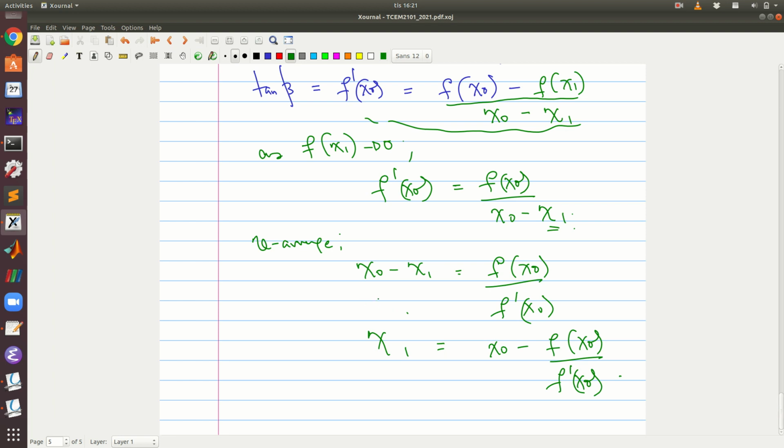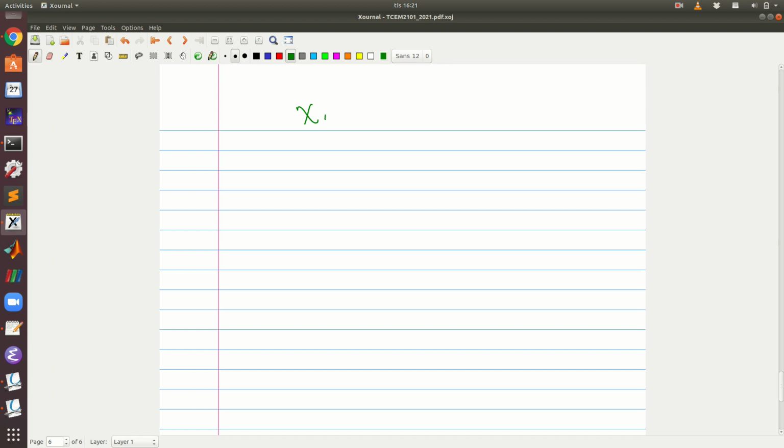So if we repeat this same reasoning we have used, then we should be able to see that we come up with x2 as x1 minus f of x1 over f dash of x1, and so on and so on, updating each time.